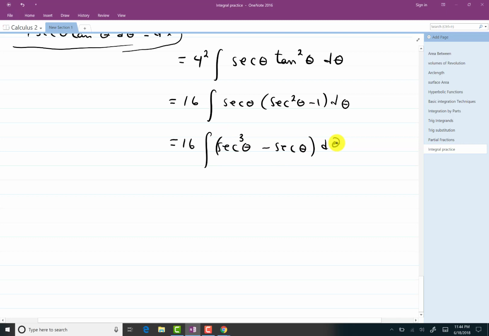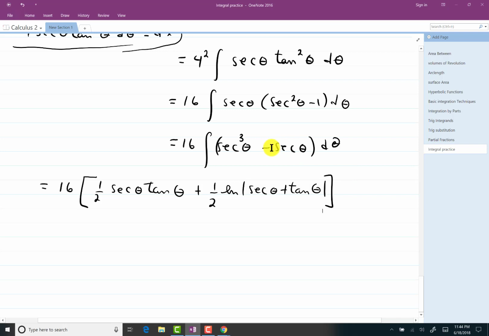And now is where I'm going to use that result that I talked about with the secant cubed. I'll put it over here because it looks like it's going to be time consuming. The integral of secant cubed was 1/2 secant theta tangent theta plus 1/2 ln secant theta plus tangent of theta.